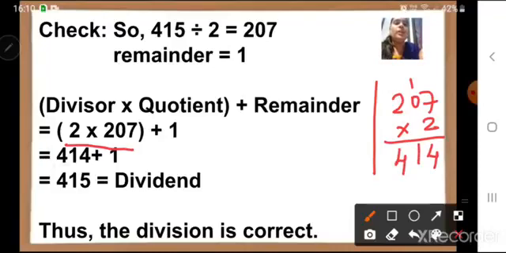So 414 plus 1. 414 plus 1 is equal to 415, which is equal to our dividend. Right? So thus the division is correct.